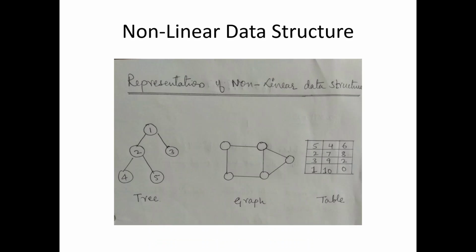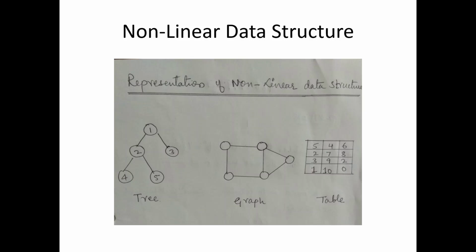Now coming to non-linear data structure. This non-linear data structure does not have any sequential data. By this figure you can come to know how the data structure is. Here the tree can be in hierarchical order, but it is not in sequence. In any order you can represent the tree.